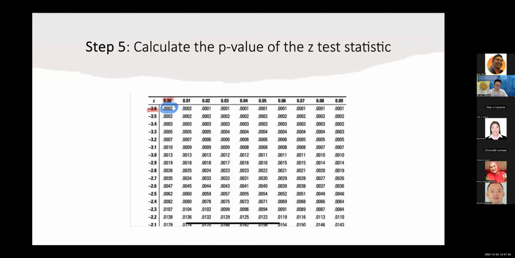And then in the table, we get on the left side, under the z, the first decimal point, so 3.6. And on the top right, we get the second decimal point to get the p-value. So the p-value for 3.607 is 0.0002.